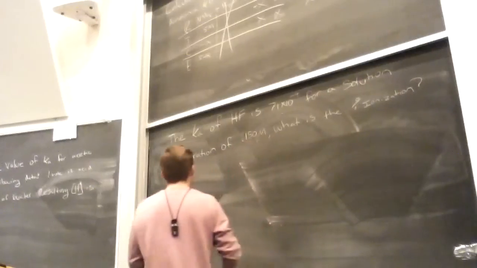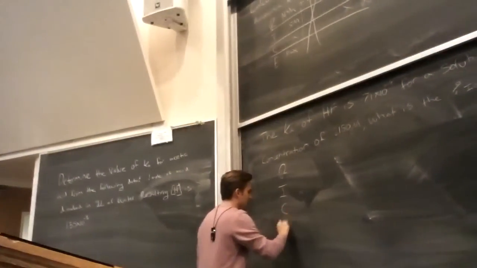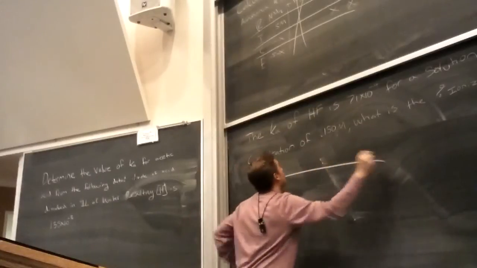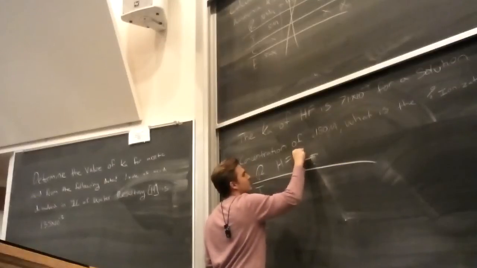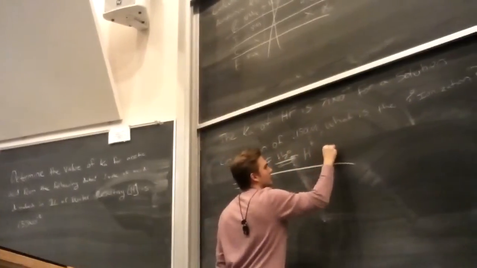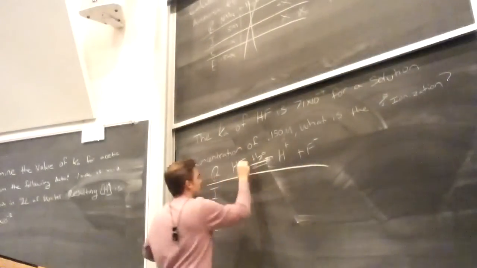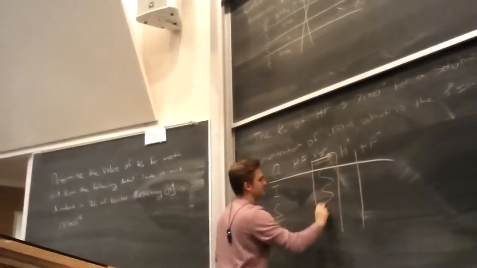So let's set it up. That's exactly what I have to do. So I do my RICE. Okay, we're trying to get this thing set up quickly. Hydrofluoric acid, right? It's in H2O. Sometimes I put it up there. It's okay to do that. Okay, we get this. All right.